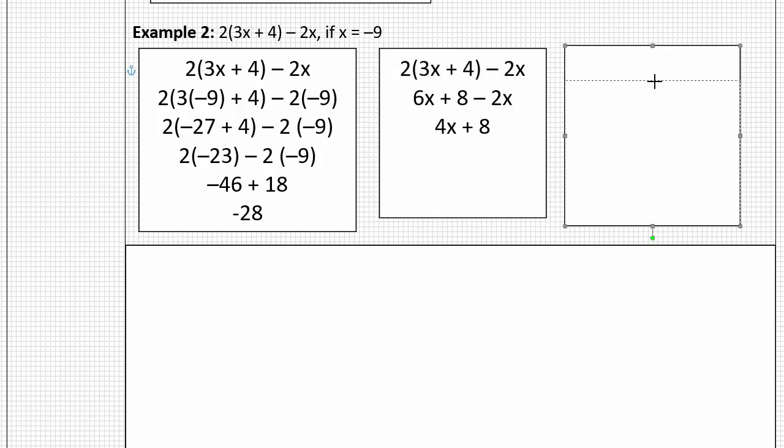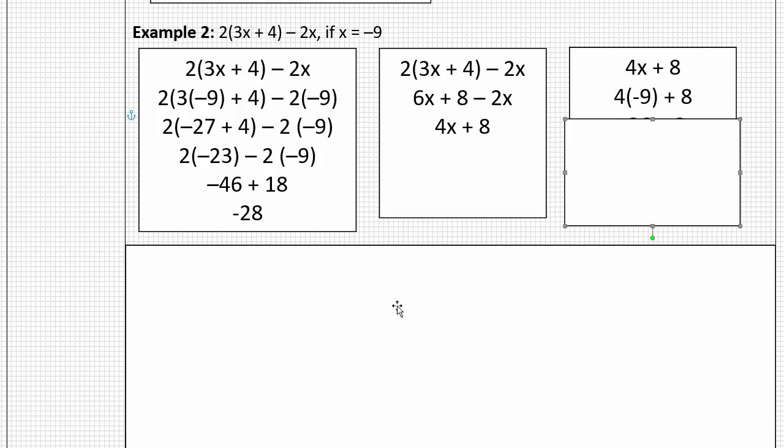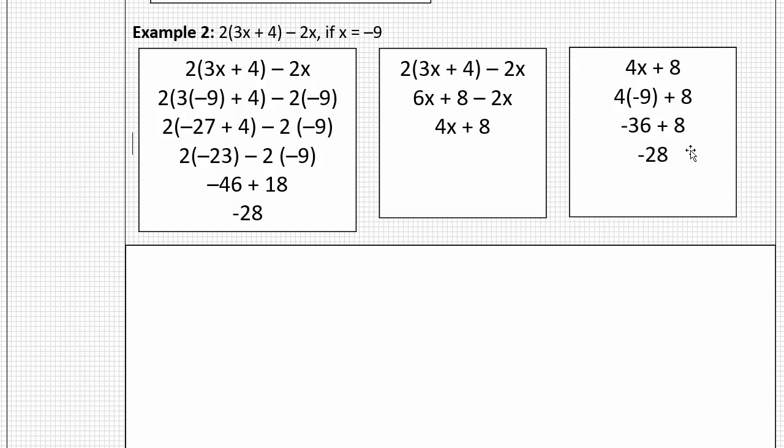And that would then allow us to use 4x plus 8, plug in our value of -9 for x, and in 2 steps, calculate the work. If we do that, 4 times -9 is -36. -36 plus 8 simplifies down to -28.